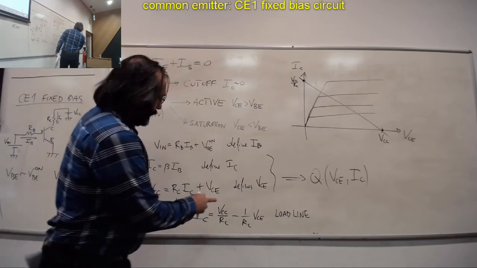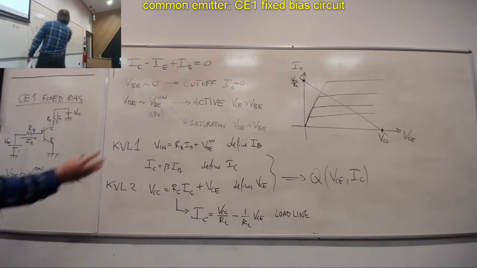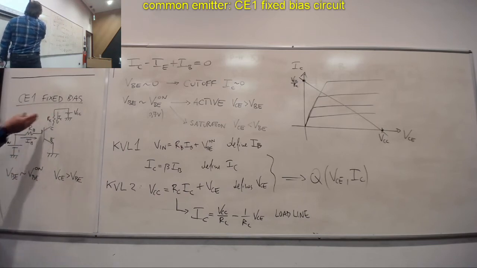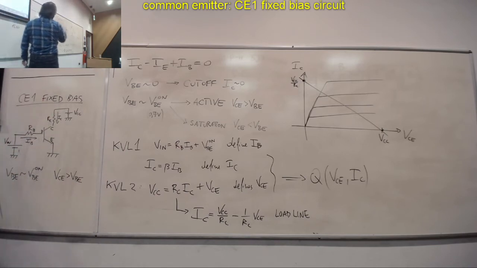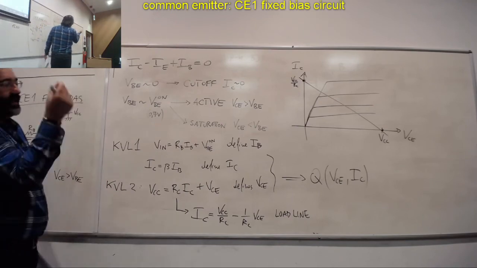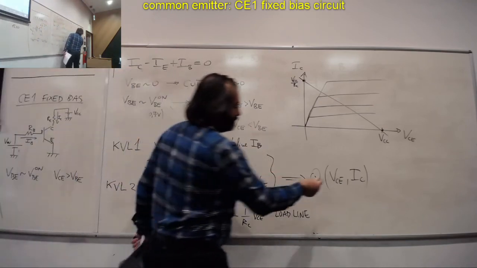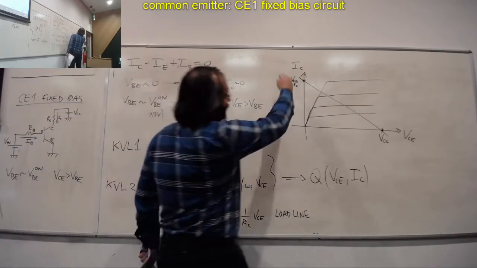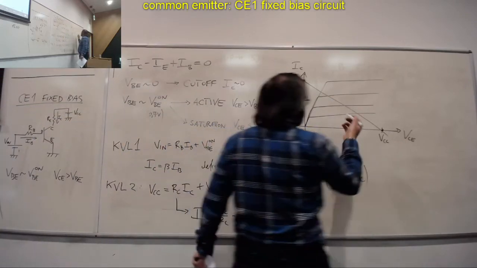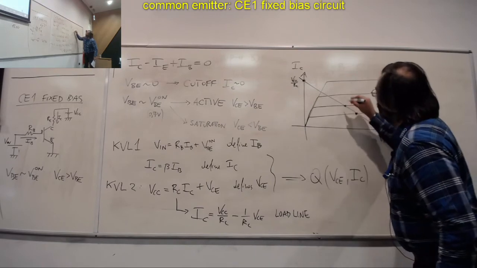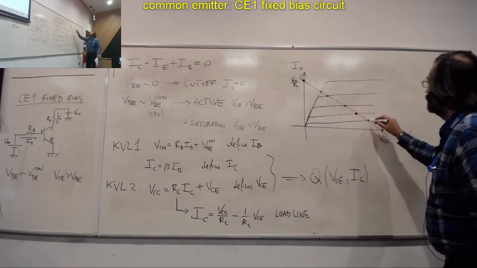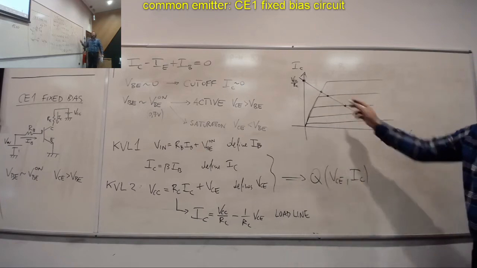In the end, this circuit will settle, based on the values of RC, RB, VIN, VCC and so on, to a specific pair, VCE and IC. But that pair, remember, has to stay on the load line. So this means that these could be the possible Q points.